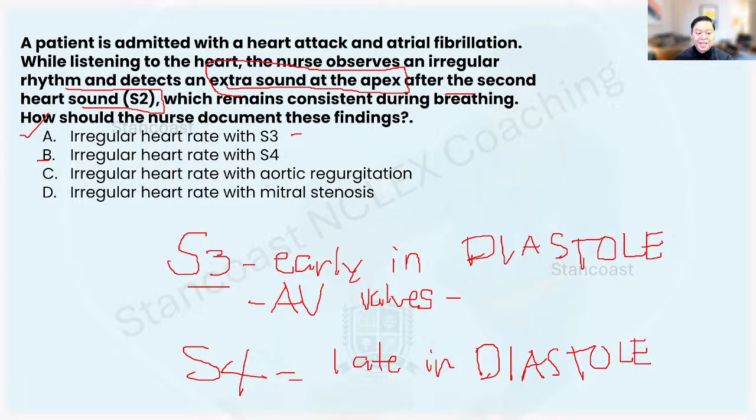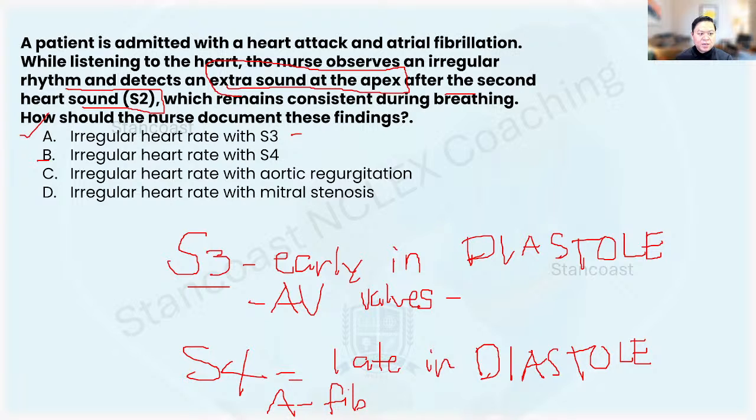While S4 can be heard during the late portion of the diastole, the S3 can be heard early during the diastole. And S4 is heard in patients with atrial fibrillation because of a disorganized atrial contraction. Now, do you think that S4 would match the scenario that we just read?